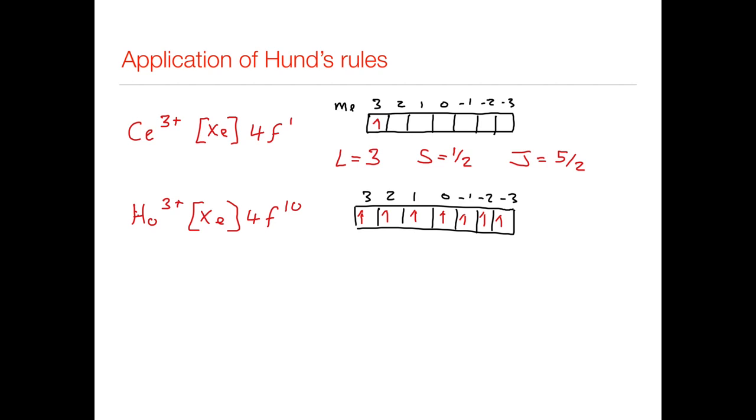So I'll put one there, and one there. That would give me L equal to 3 plus 2 plus 1, which is 6. The 3 paired electrons don't give me any contribution to S, but I have 4 unpaired ones, so S is 2, summing up 4 halves. And it's more than half full, so I need to add these together. So J is equal to 8. A relatively large angular momentum state.